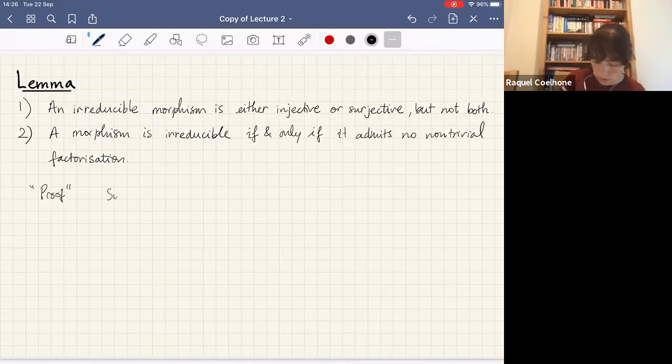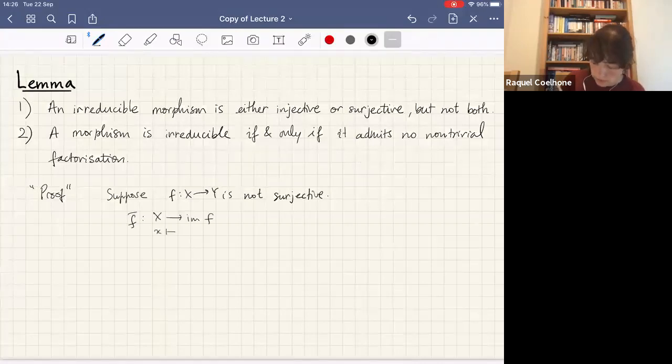Let f be irreducible, and suppose f is not surjective. Okay, so we're going to create the factorization of f by considering these maps.